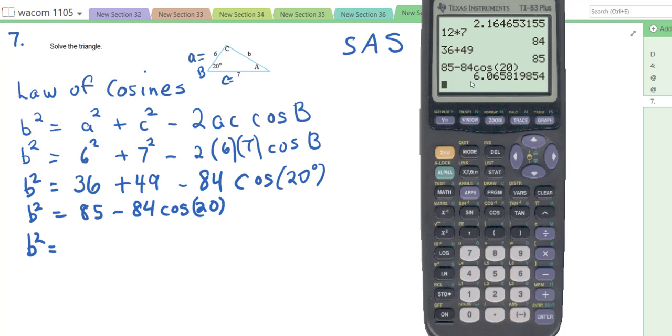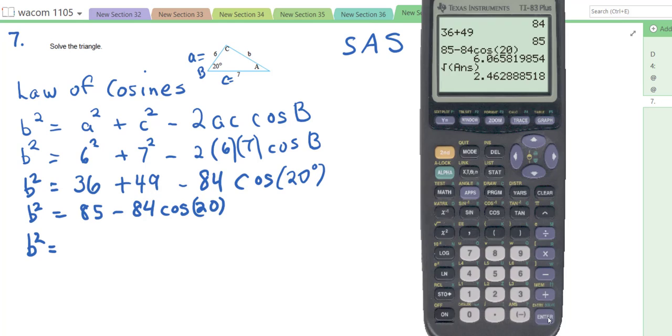What I want to do is take the square root of that whole thing to get just B. So I simplified my numbers as much as I could, entered that, and now I'm going to get the square root of this. I'll do second square root, and dump that value in with second answer, close, enter.